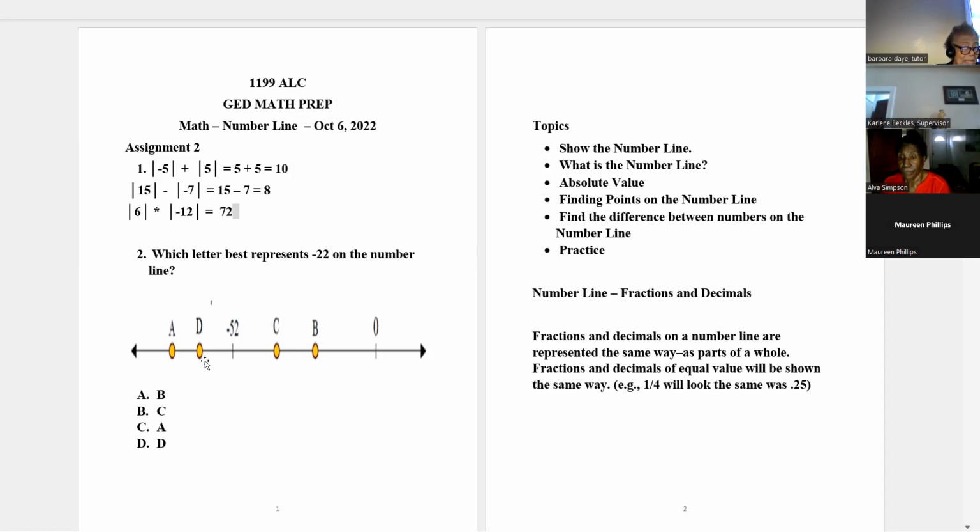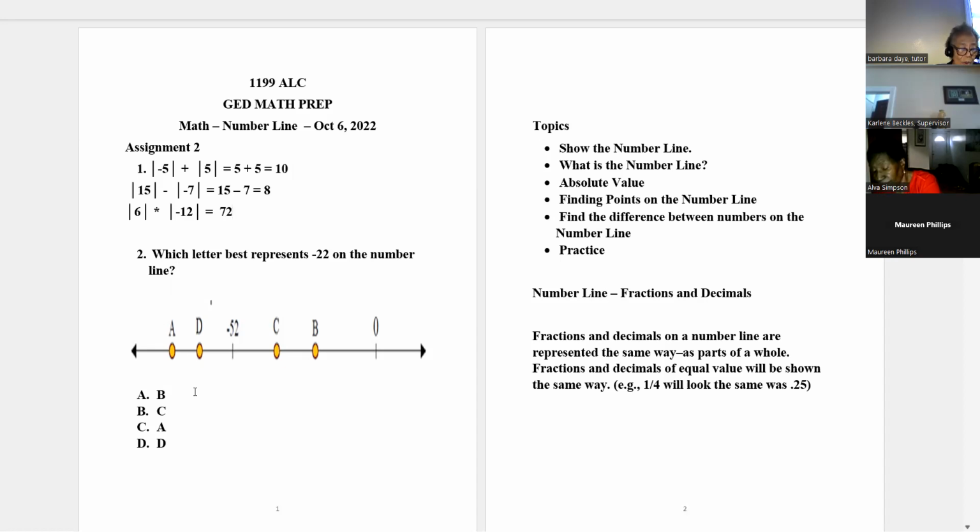Okay, so that means that the minus 22 cannot be A or D, right? Because anything before this minus 52 would have to be smaller. Like this could be a minus 62. This could be a minus 72. You got it, Maureen?